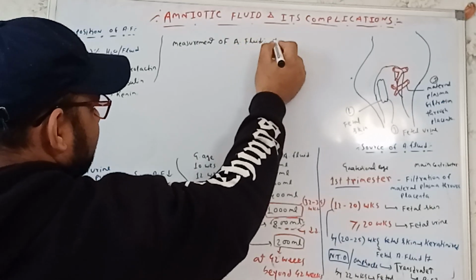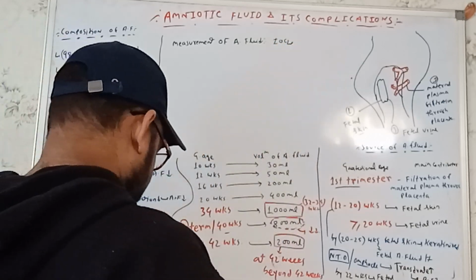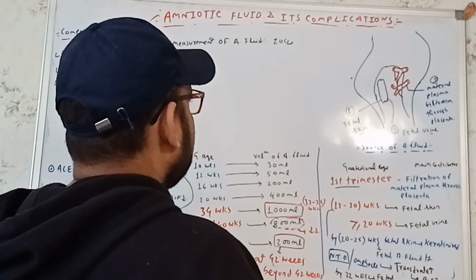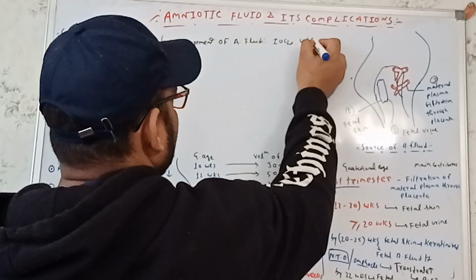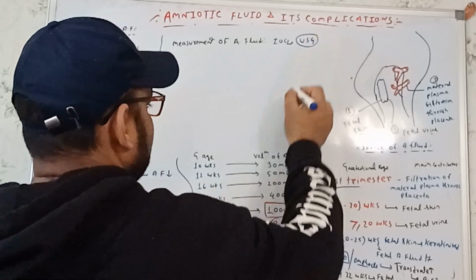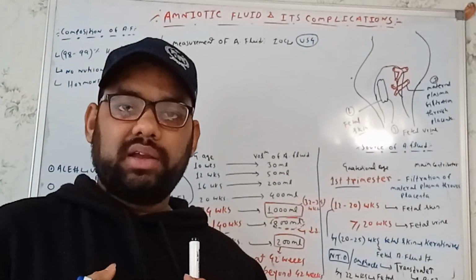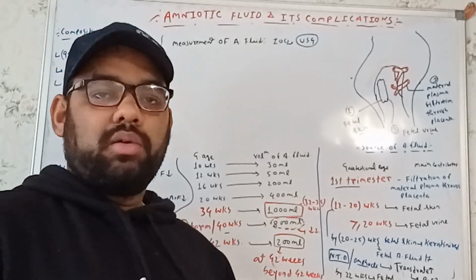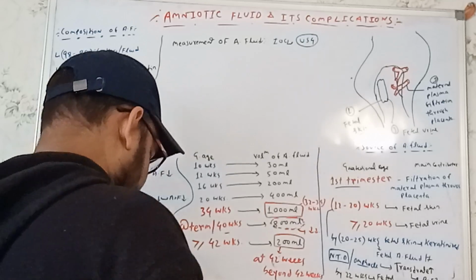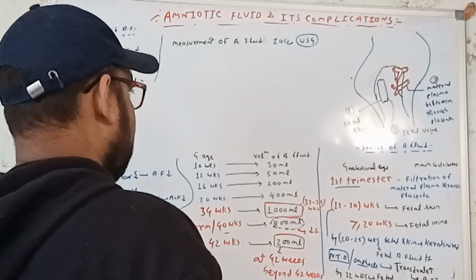The investigation of choice is nothing but the USG. By USG, we can go for the measurement. In these cases, basically we'll divide the whole abdomen into two parts, the upper abdomen and the lower abdomen. So first let's divide the abdomen. Yes, you can use this color.